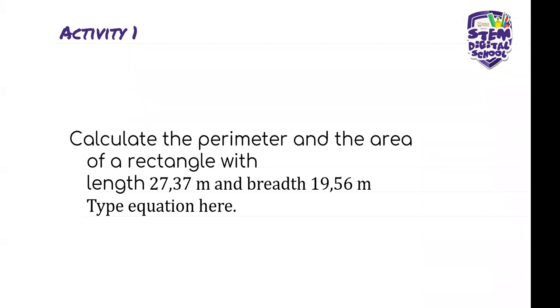And then you can get your final answer. Remember, the length is 27.37, so you just multiply that by 2. And then you also multiply the breadth by 2. Thereafter, you add both solutions together, and then that will be the perimeter.